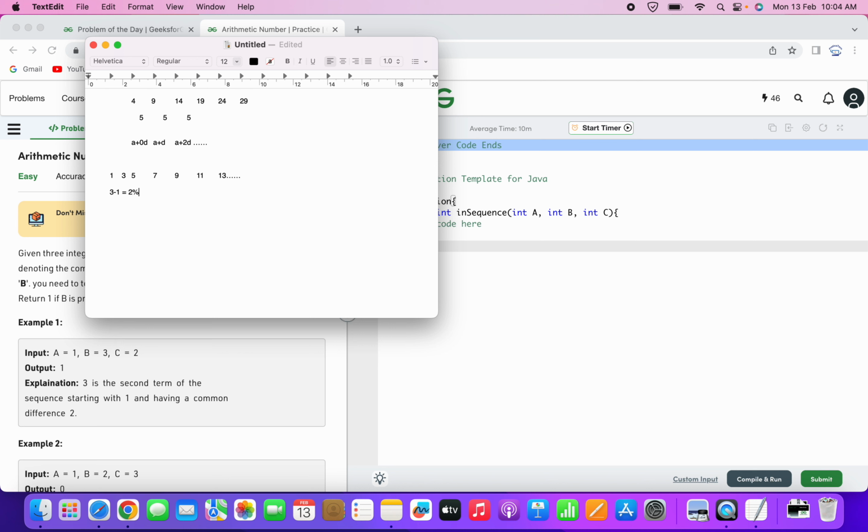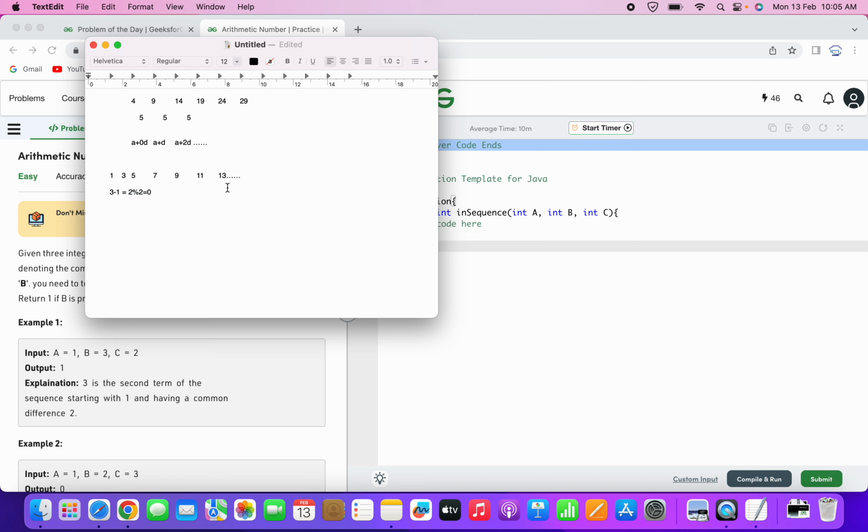We check if it is divisible by c, that is 2. Yes, it is divisible, so the remainder will be 0. That's why the explanation given here is that 3 is the second term of the sequence starting with 1, having a common difference 2. We will use this same approach while solving the problem.